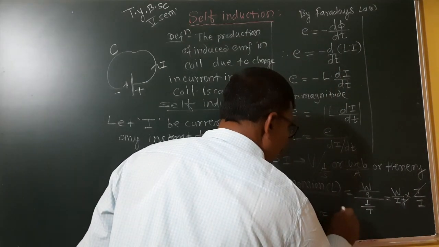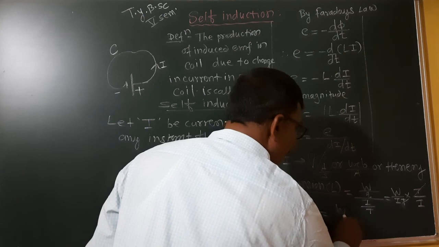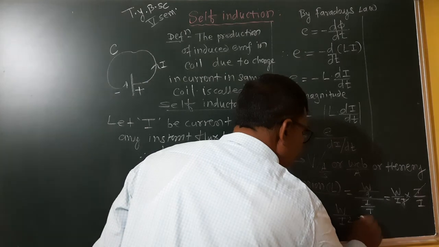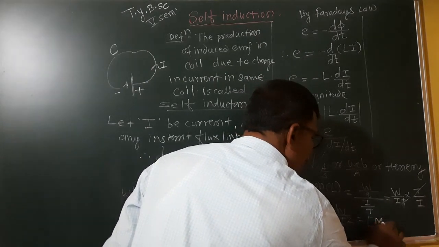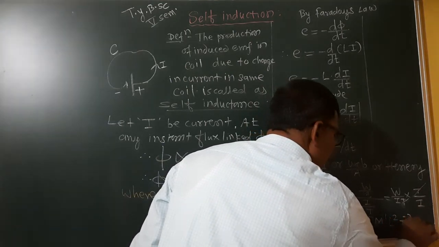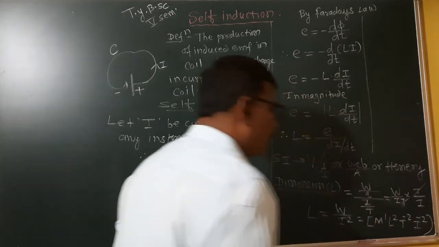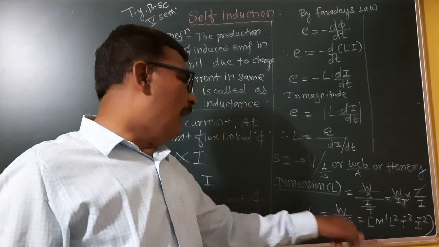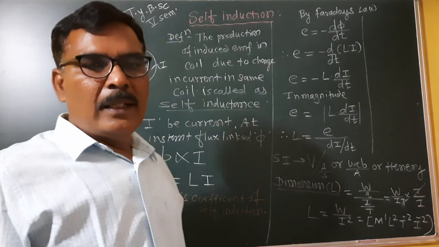So L is equal to W divided by I square, and W is nothing but the work, having dimension M raised to 1, L raised to 2, T raised to minus 2, and I raised to minus 2. This is the dimension of self-inductance. L is equal to W upon I square. This is the dimension and unit of self-inductance.